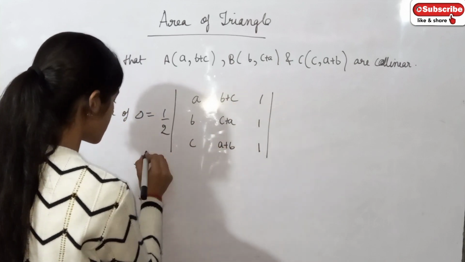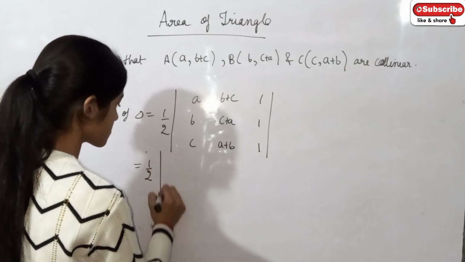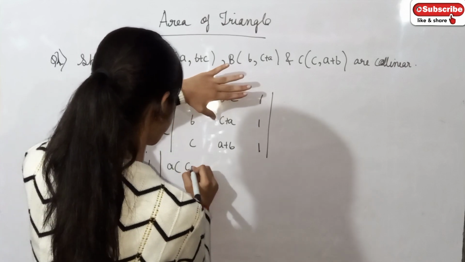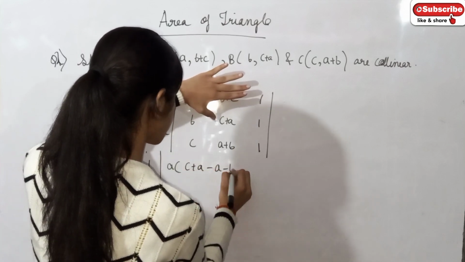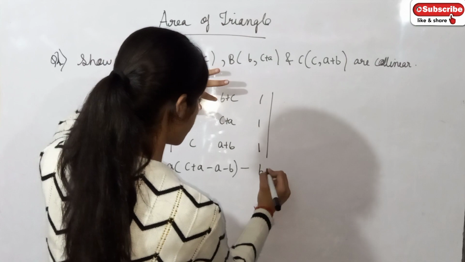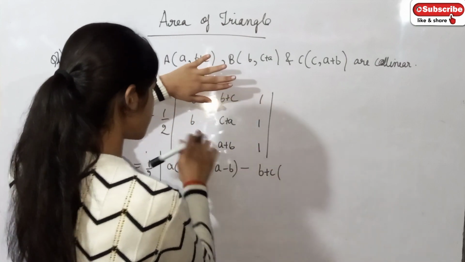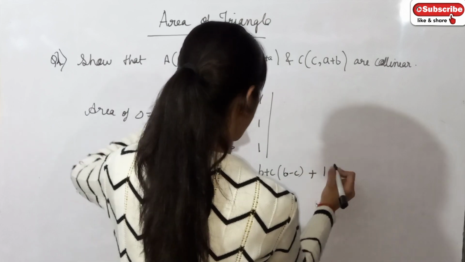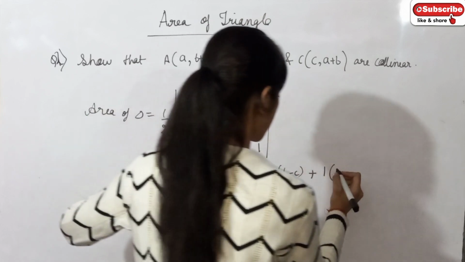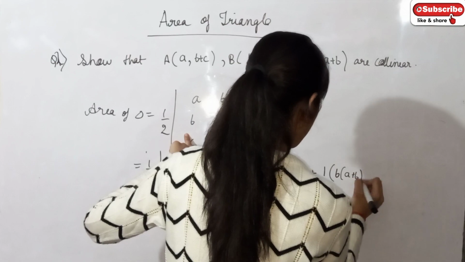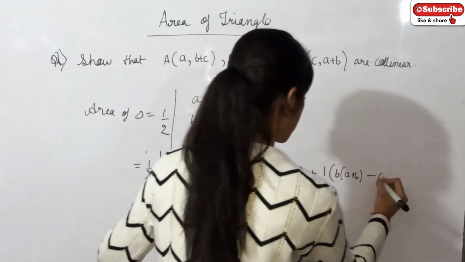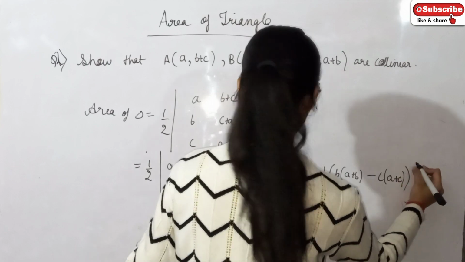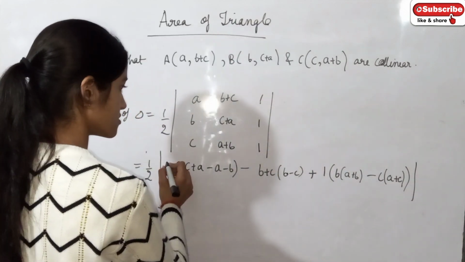So what we get is half, A times C plus A minus B minus B plus C, B minus C, plus 1 times B, A plus B minus C, A plus C. Taking the mod of this.